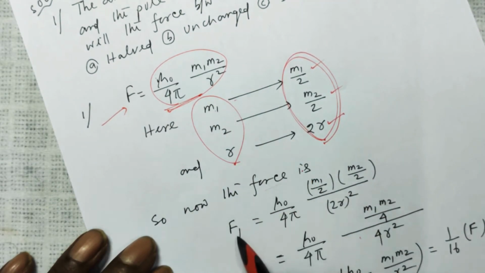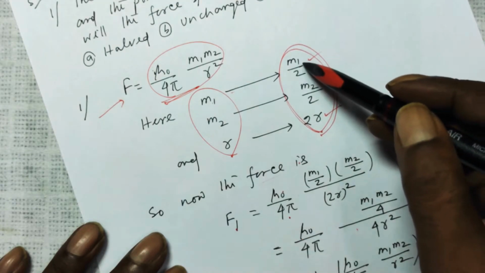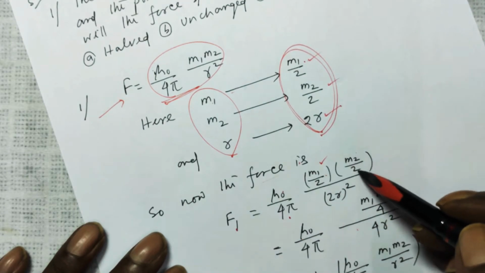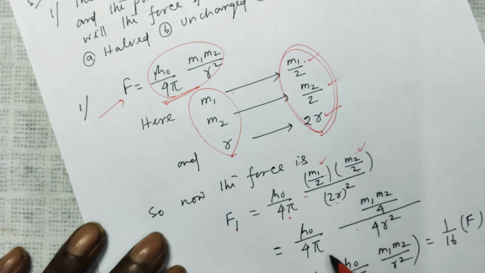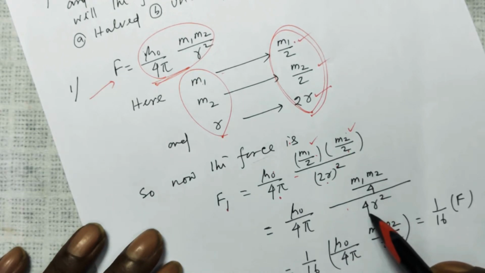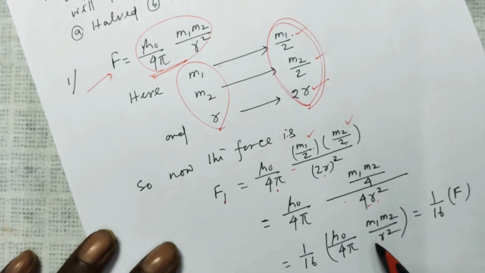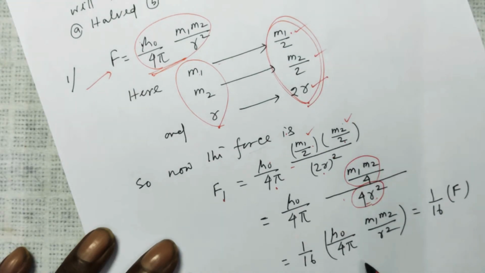So now the force, let it be F1, is mu naught over 4 pi, the pole strengths m1 over 2, m2 over 2, divided by the distance squared, that is 2r whole square. So this becomes mu naught over 4 pi, m1 m2 over 4 whole, divided by 4r square. So this is your numerator and this is your denominator.